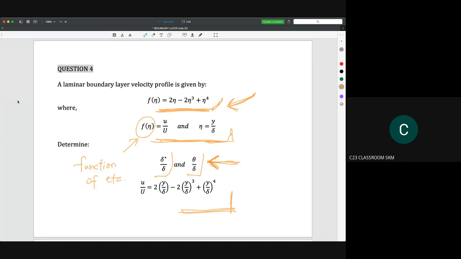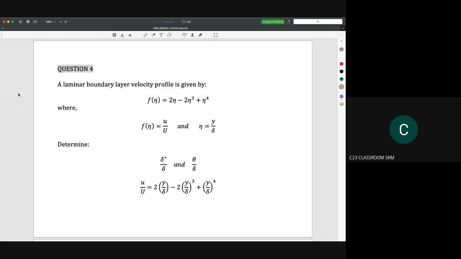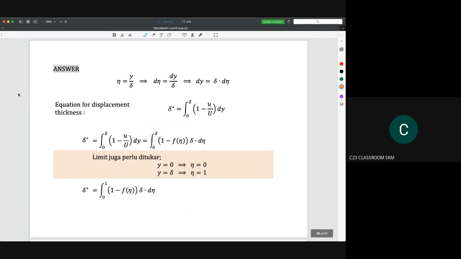What we need to do first is this: previously, we know that the equation for delta star is the integral from 0 to delta of 1 minus u over U dy.